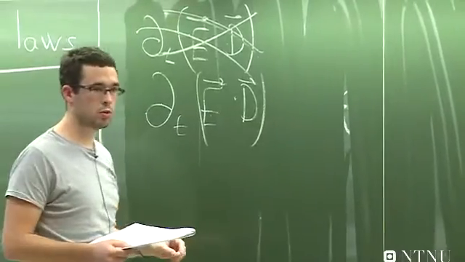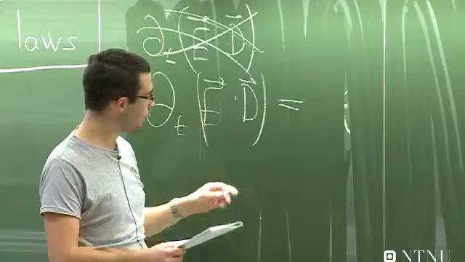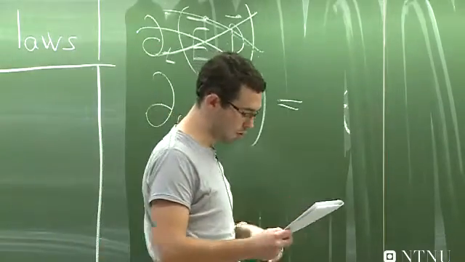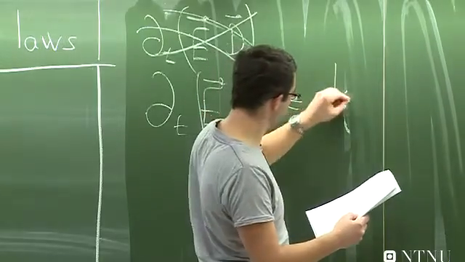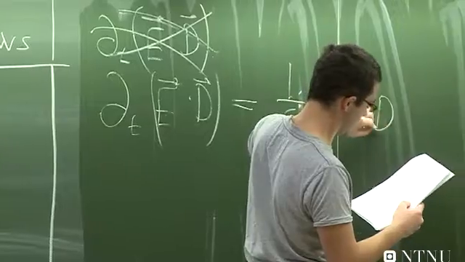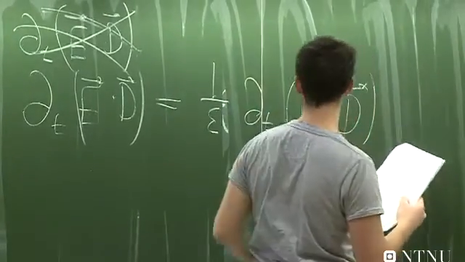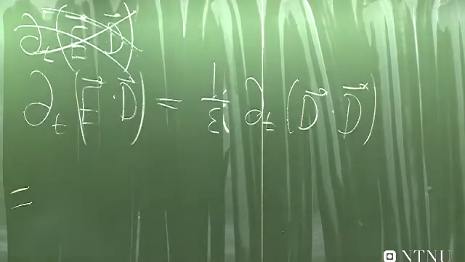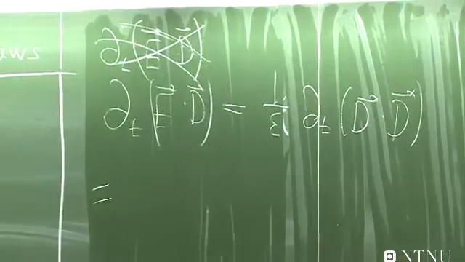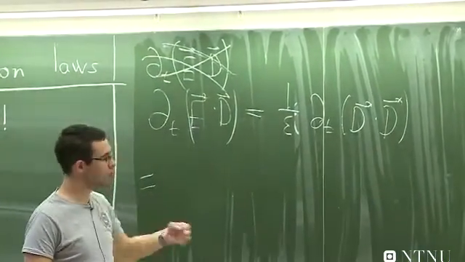I actually start off with what I'm going to try to prove. If I now set E equal to 1 over epsilon D, as I wrote over there before, I get the following. This is now a product rule. Because these ones are equal, I will get the same term twice.